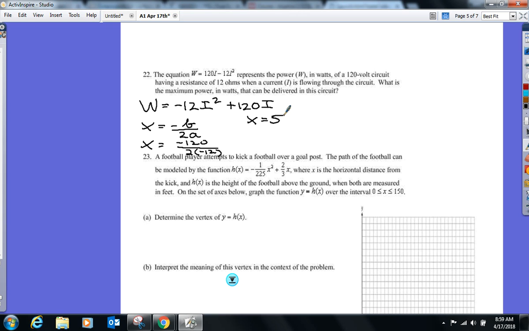So how do you find the y value then? How do I find the y value if I know the x? Store it in. Yep, store it in. Plug it into the equation now. Okay, so store into your calculator to find the y value, or to find w in this case.